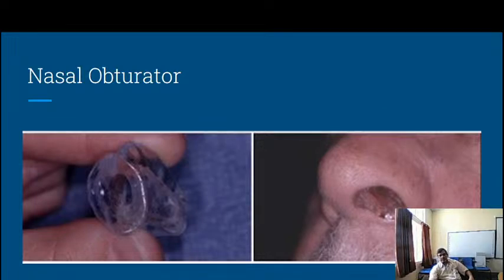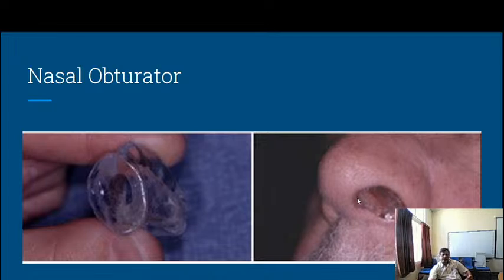For people who are not willing for surgical procedures, there is the nasal obturator. The basic idea is similar: to block the nasal cavity. These obturators are inserted into the nasal cavity, and that's how the nasal cavities, the anterior nares, are blocked, and so the patient breathes through the oral cavity.